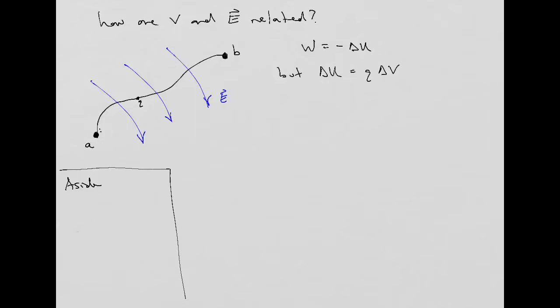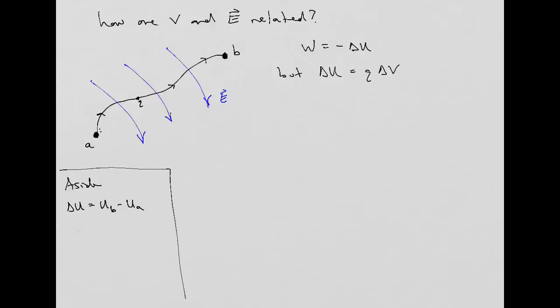Okay. So delta U is equal to UB minus UA, right? Your final potential energy minus your initial potential energy. And just to indicate that those are final and initial, I'll add some arrows.